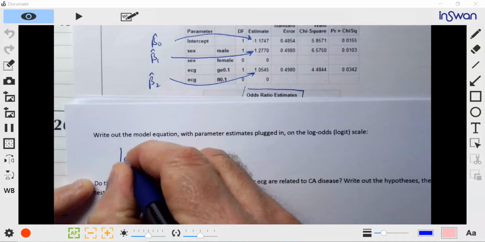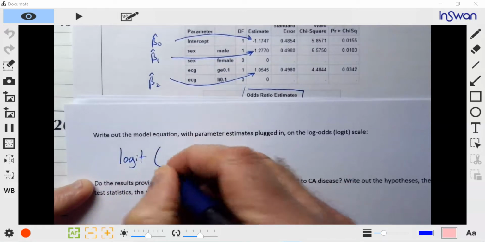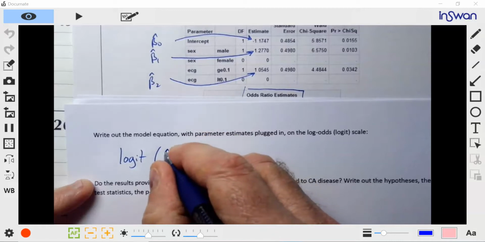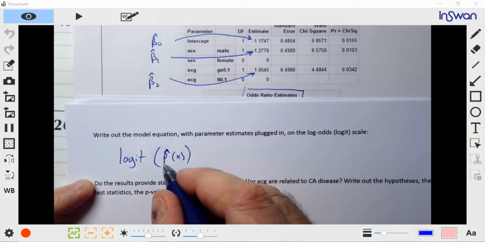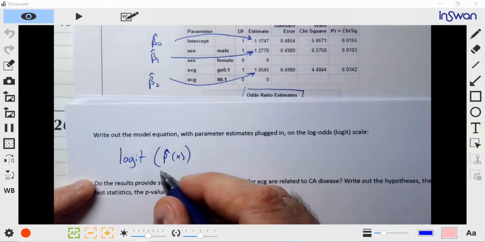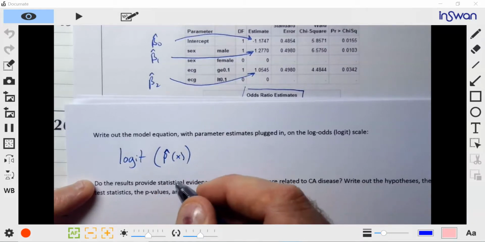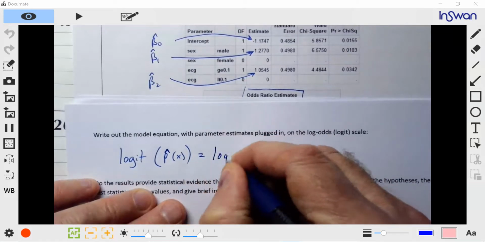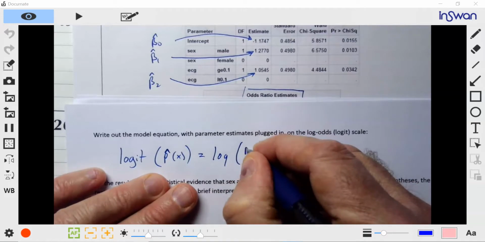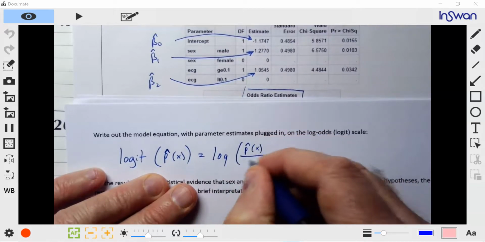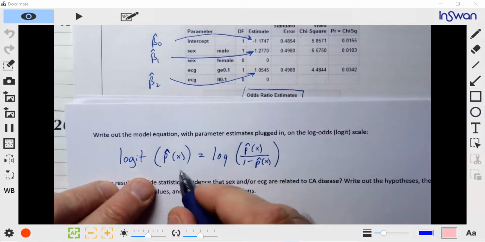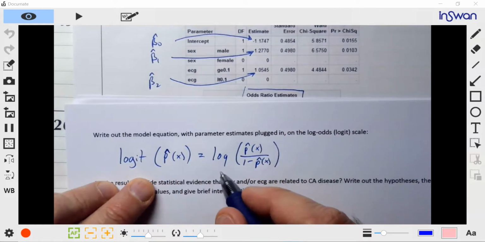So we can say logit p hat of x, and I use the hat here because we're not actually modeling the probabilities, we're modeling the predicted probabilities from our observed data. And we can also say log of p hat of x over 1 minus p hat of x, because remember logit just stands for log odds.